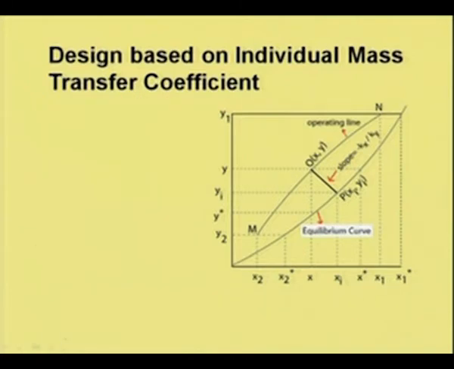Now, we will take any point on the operating line, say at point O, which is x y.